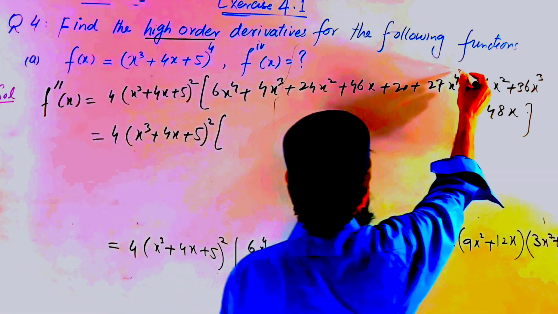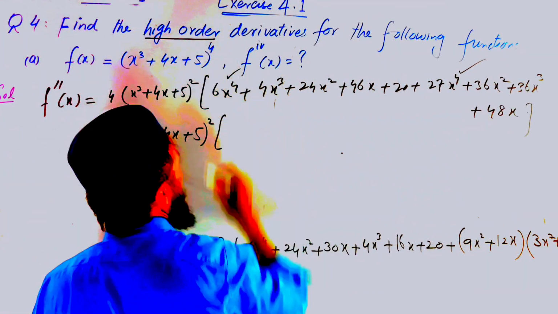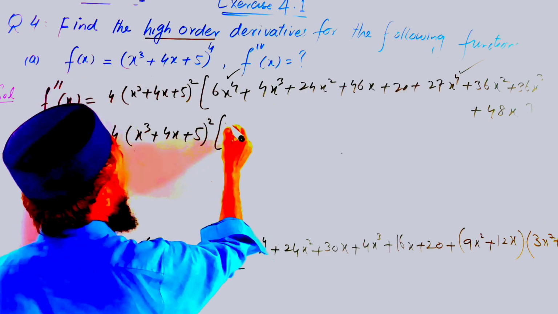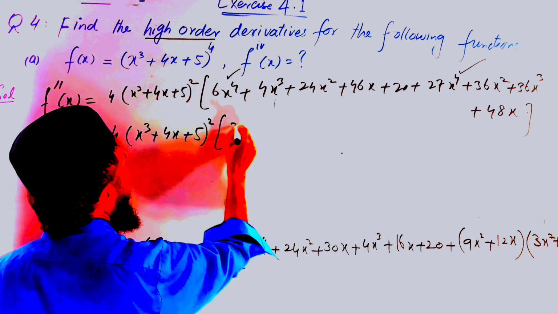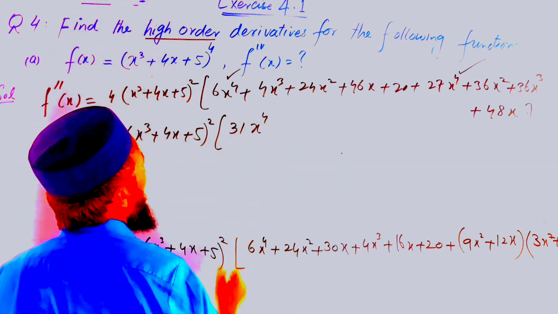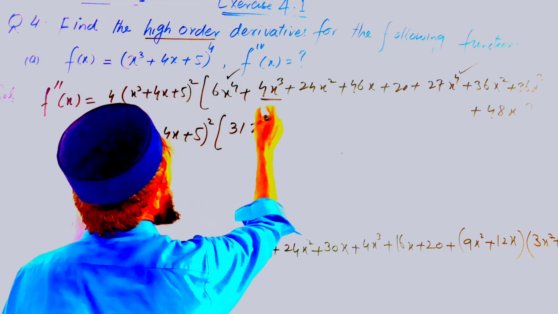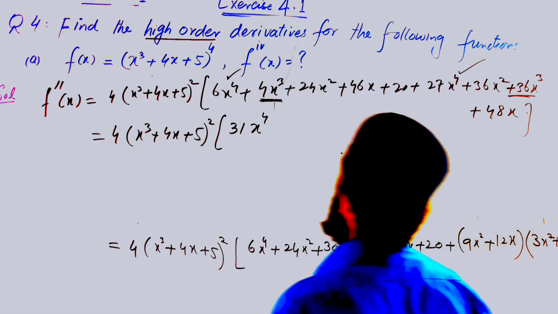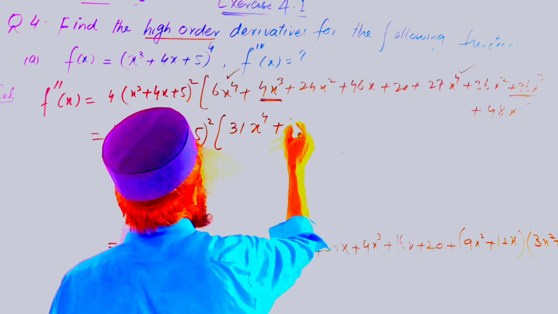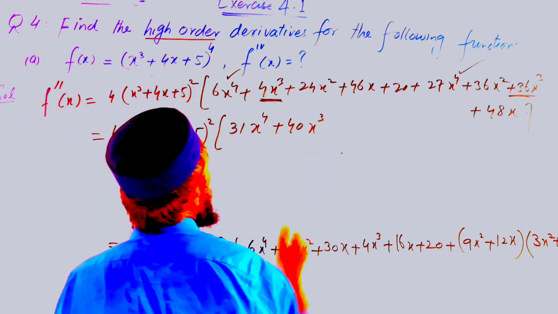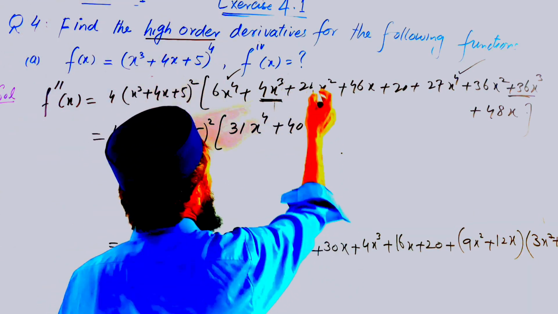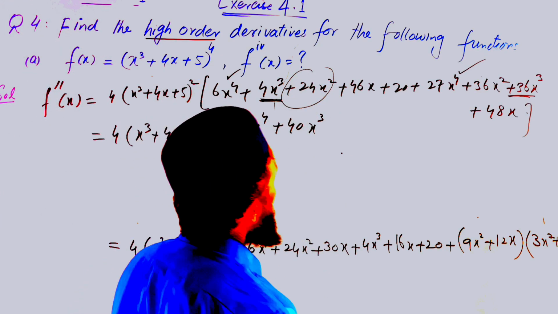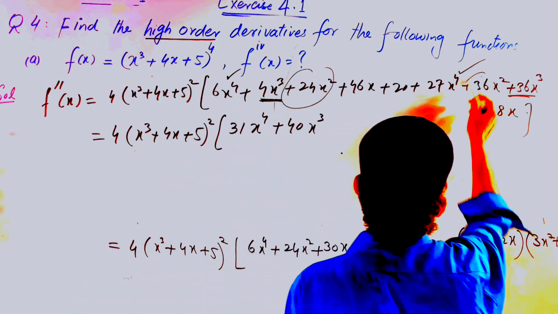Here is x power 4 and x power 4, we add these. So we get 6 plus 27, 31, x power 4, and x cube and x cube, 36 plus 4, we get 40x cube. Then 24x square and 36x square.